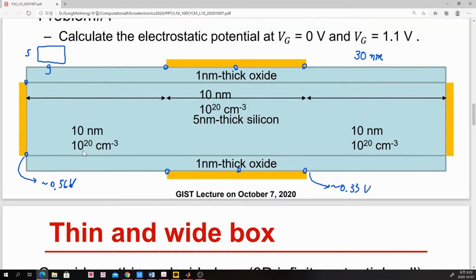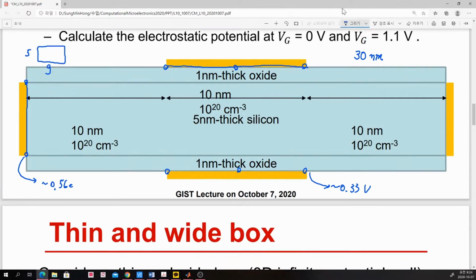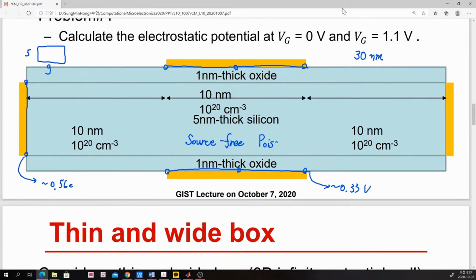So by assuming these correct boundary values and neglecting any charge inside, so let's say you solve just the source-free Poisson equation, then first you can try to solve it.